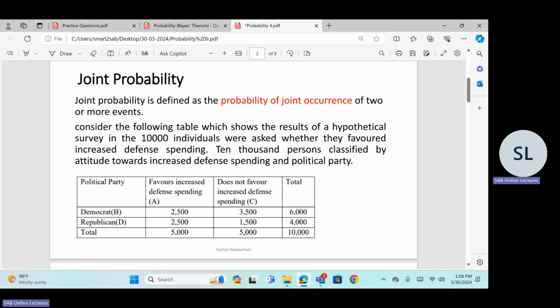Denominator means the total number of cases. In this survey, how many persons are there? 10,000. Numerator, we write the number of favorable cases. In here, their political party is Democrat and they favor increased defense spending. How many of them? 2,500. Then what's the probability? 2,500 over 10,000. Understood?